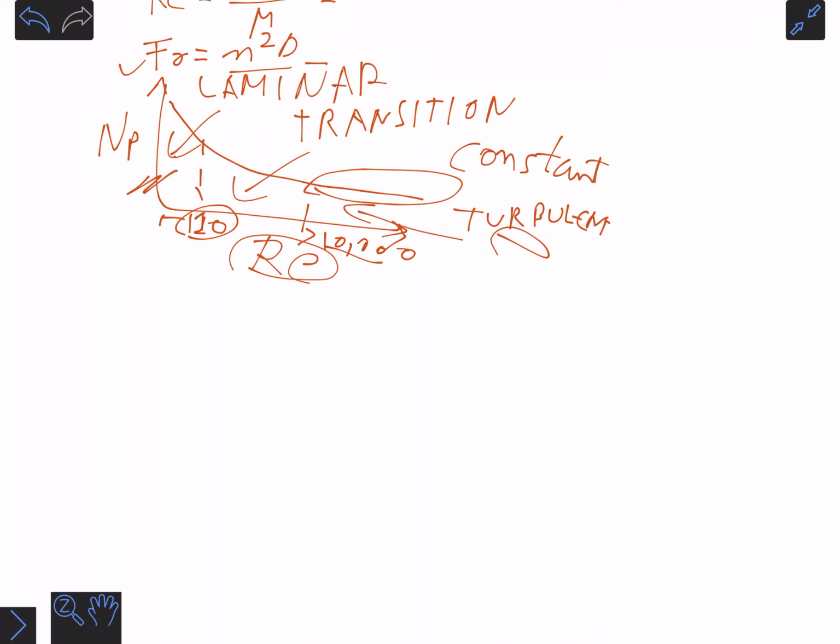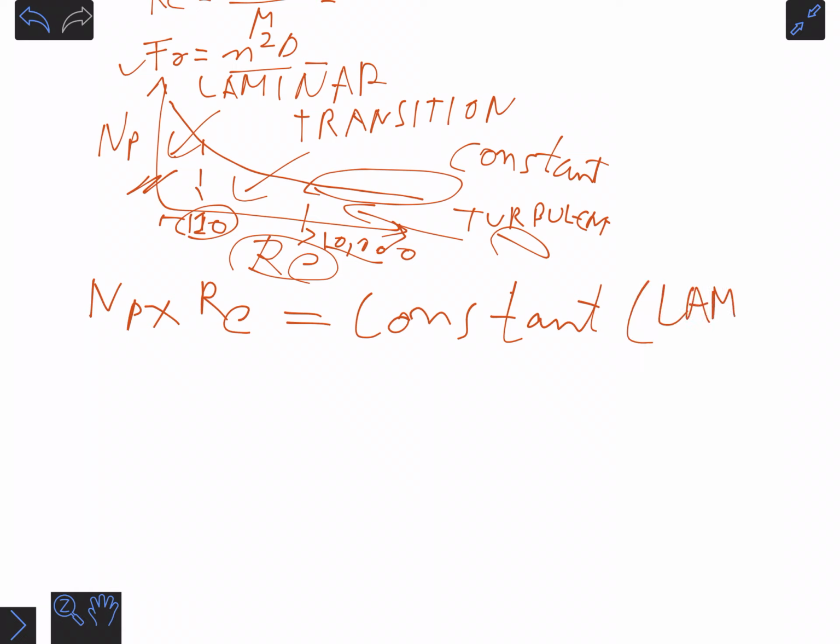Then we observe in the laminar region, when we multiply power number with Reynolds number it is a constant, and this happens when Reynolds number is less than 10, that is in the laminar region. Okay, so when we multiply, we find that Np into Reynolds number, which is P by N square D to the power 3 mu, is a constant.